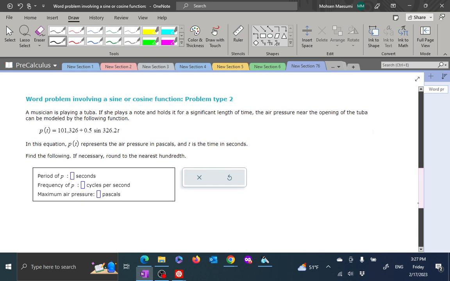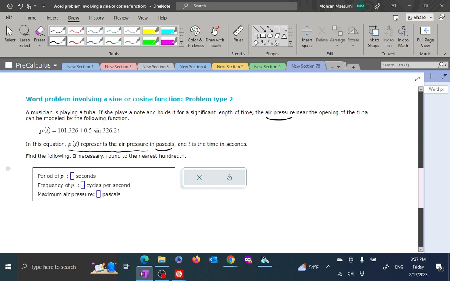Another example is a musician playing a tuba. If she plays a note and holds it for a significant length of time, the air pressure near the opening of the tuba is modeled by the following function. P represents the air pressure. It is measured in Pascals, so you can see that in your physics class perhaps.